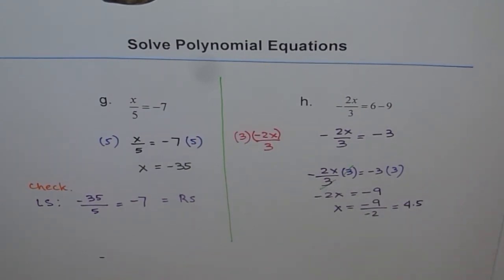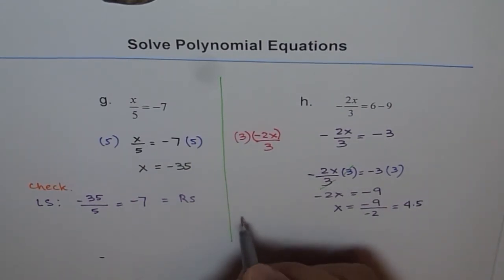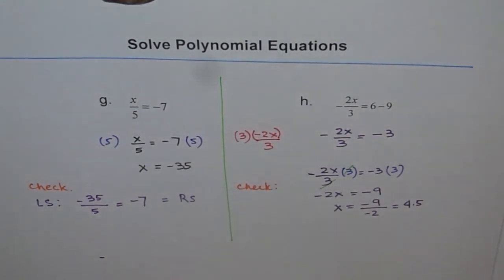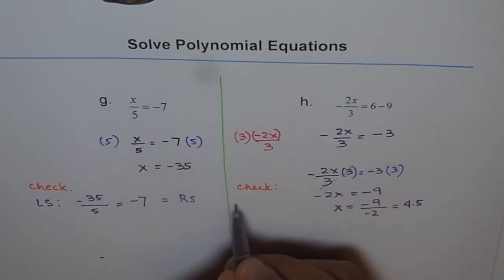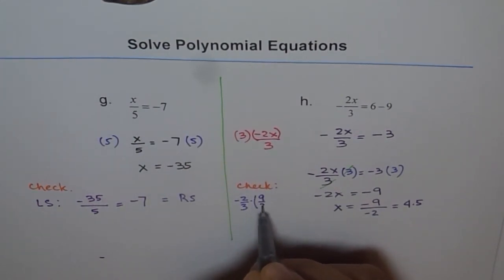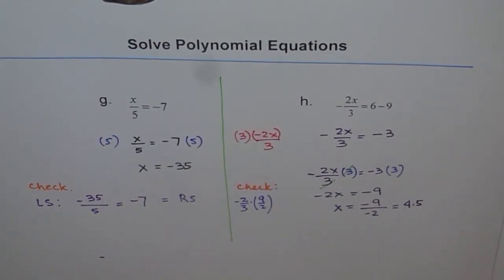Now, let's check. While checking, I'll use 9 by 2. To check, we will substitute the value of x as 9 over 2 in our equation. So we have minus 2 over 3, and the x value is 9 over 2. That is our left side.